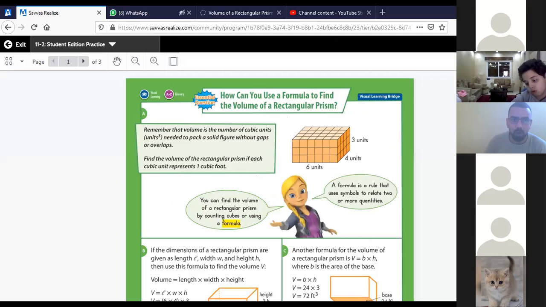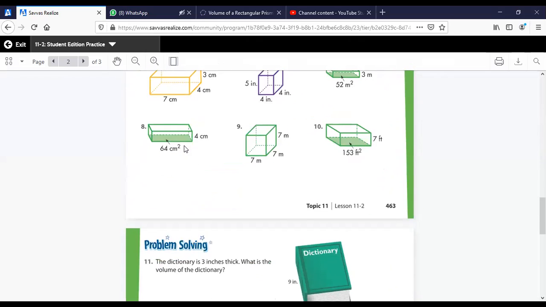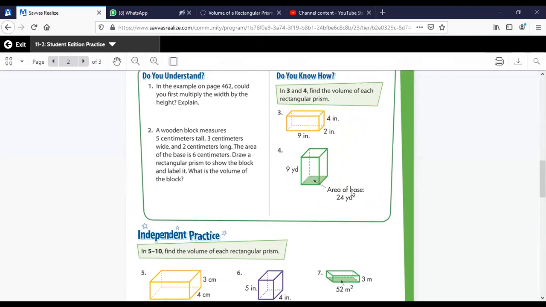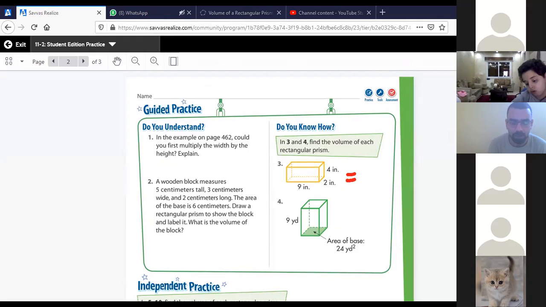So now open your books to page 463. Did you open your book, guys?